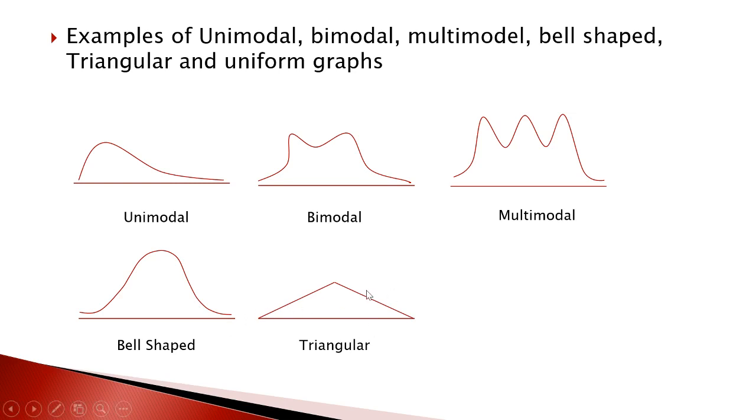This is the triangular shape. It's very easy to remember, right? You already know what a triangle is. The last one we can call uniform, or rectangular, because its shape is a rectangular curve. Either it's uniform or we can call it a rectangular shaped curve.